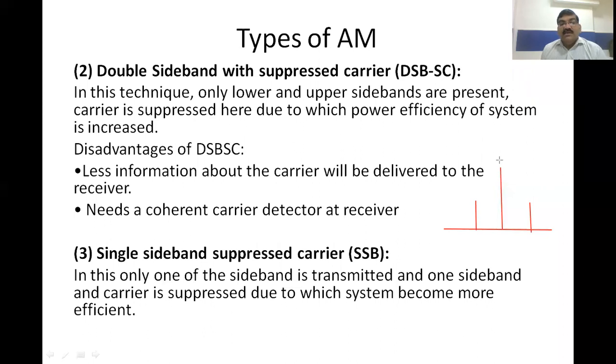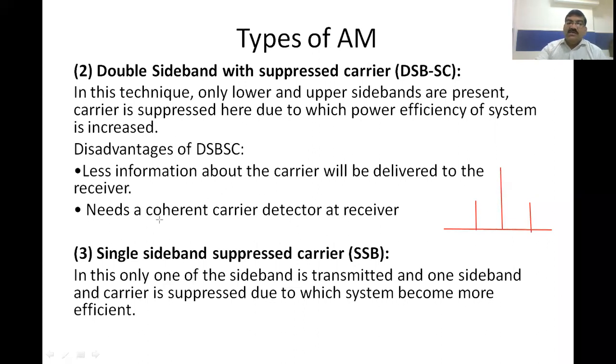So the receiver has to develop a mechanism for understanding and detecting the received signal. Second, it needs a coherent carrier detector at the receiver. As the center frequency is not there, you have to synchronize between transmitter and receiver.